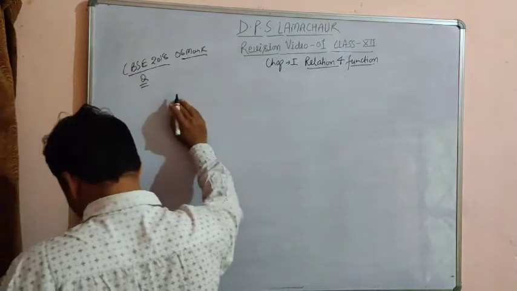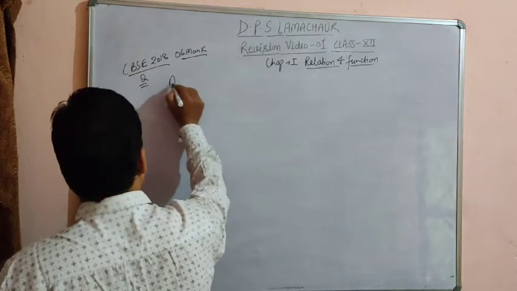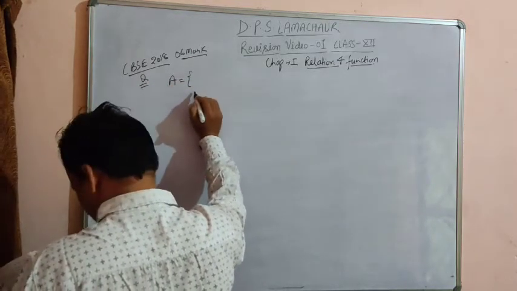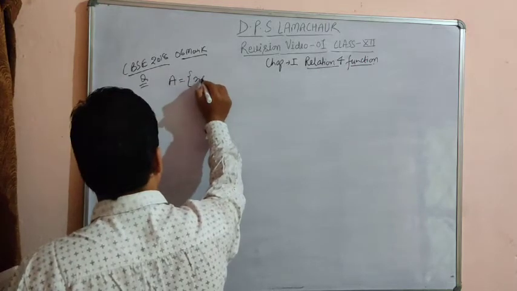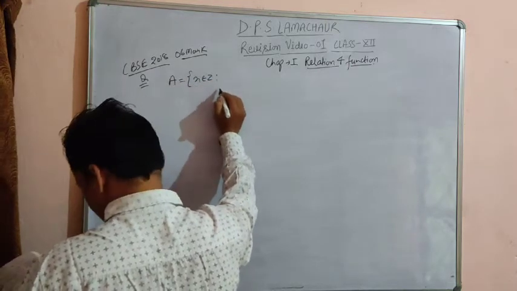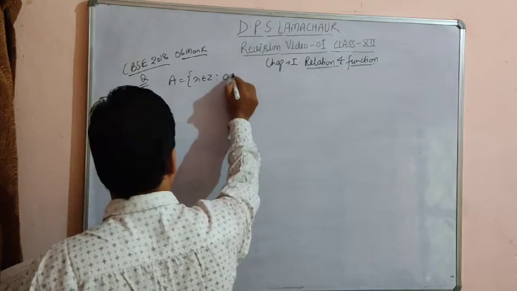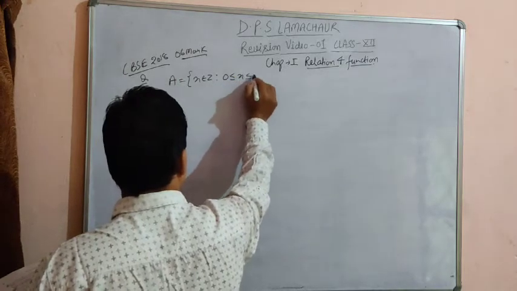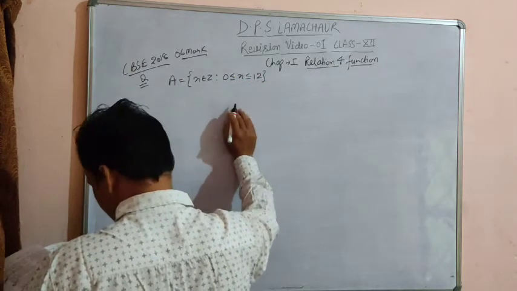So what is the question? A set A is given, x belongs to Z such that x is greater than or equal to 0 and less than or equal to 12, okay. Now what is the relation defined?